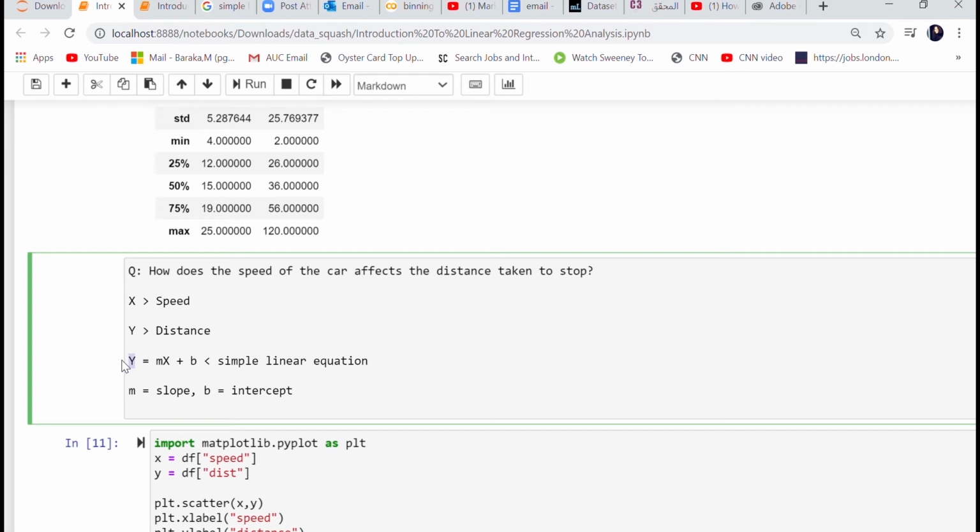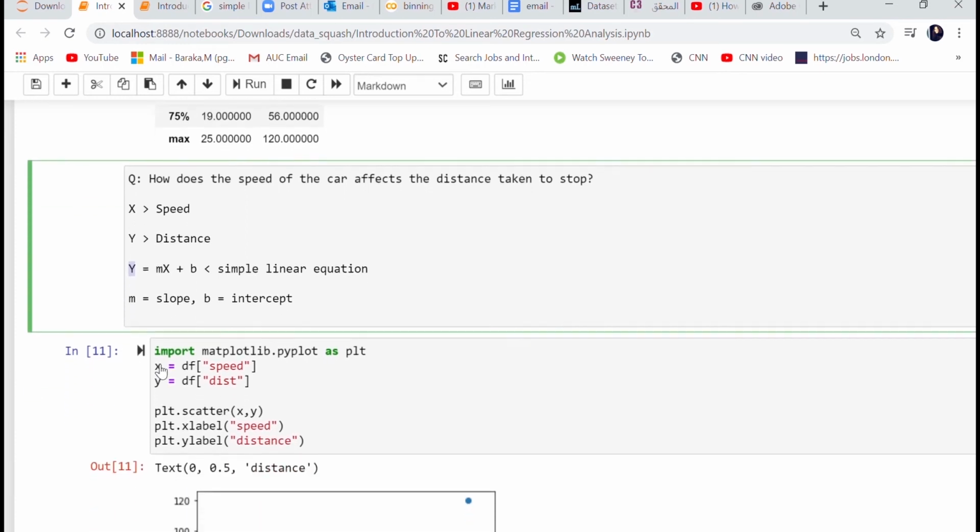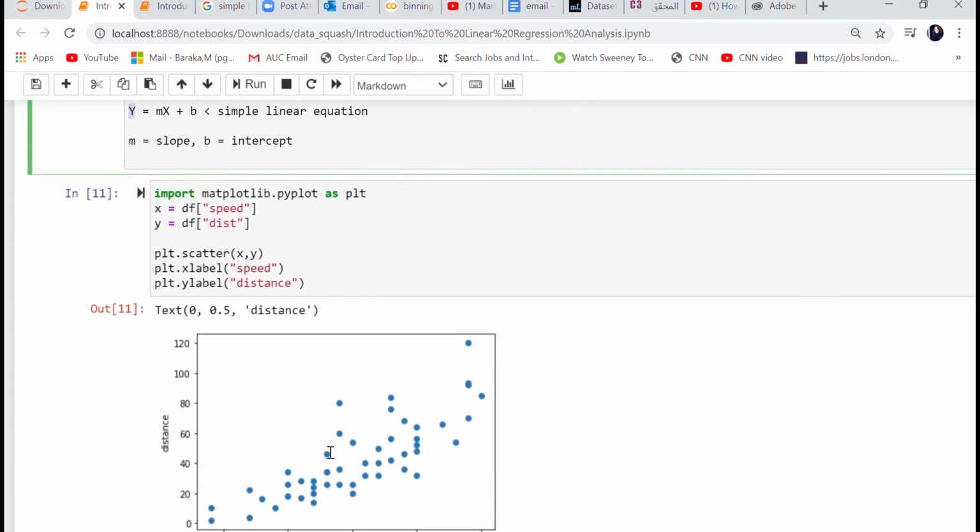And one of the main assumptions of the simple linear regression model is that the relationship between the x and the y is linear. And plotting the data is actually going to show us if the relationship between the x and y is linear or not. And we cannot use the linear regression model if the relationship between the x and y is not linear. So here is the code for plotting the data.